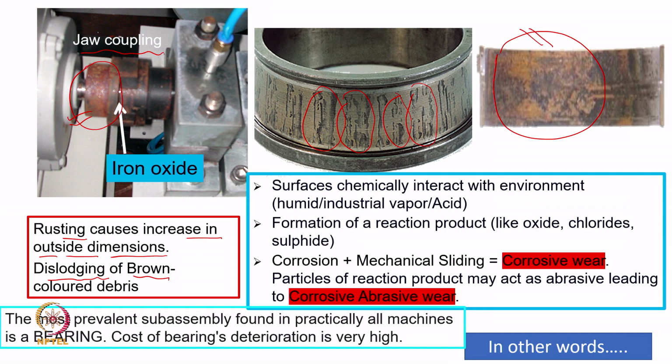That is why we say that in the case of rust, we need to think carefully. The reason being, if there is already humidity, or if there is some sort of industrial vapor or acid, in this situation some sort of corrosion of the material will act, because there is a corrosive environment. A humid environment itself is a corrosive environment, and then there is a formation of oxide.